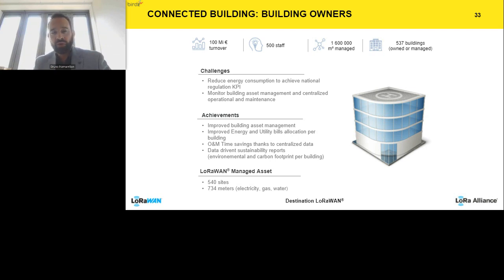And when we look the same way we have looked at the water utilities, what really are the challenges and the pain points that really need to be addressed to make a higher adoption rate of your digital services and solution with LoRaWAN? Reducing energy consumption, that's fundamental, it's clear.